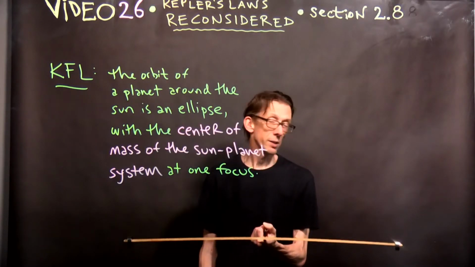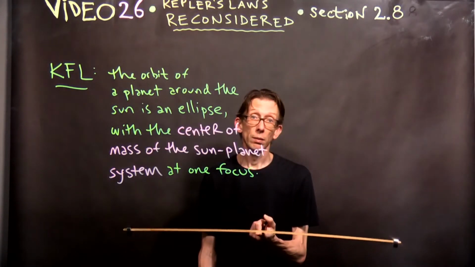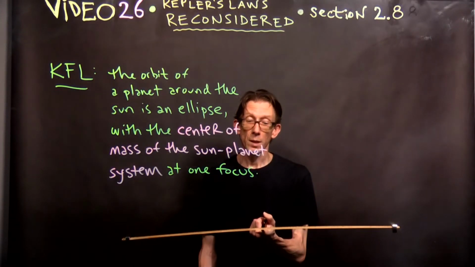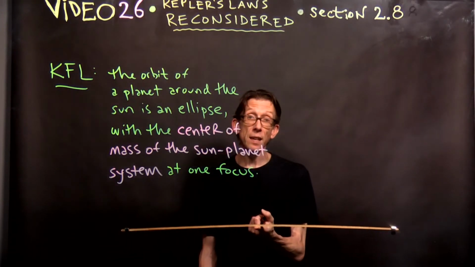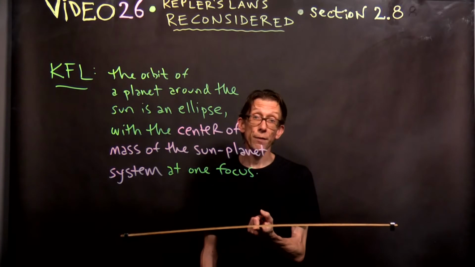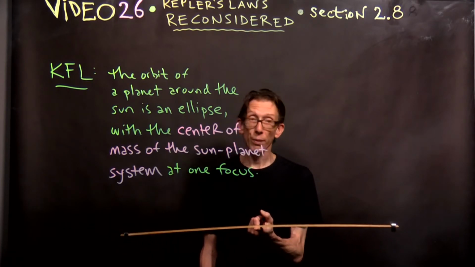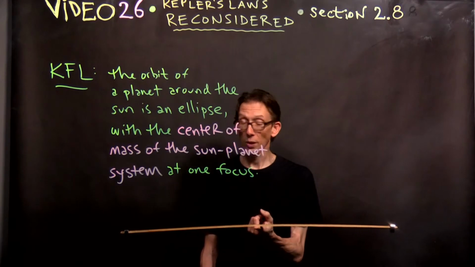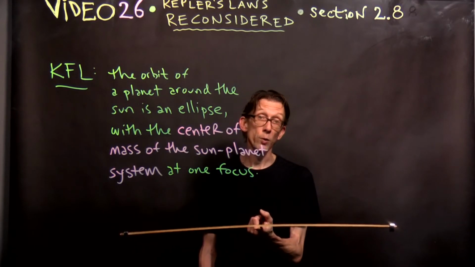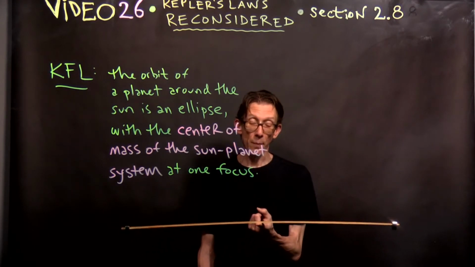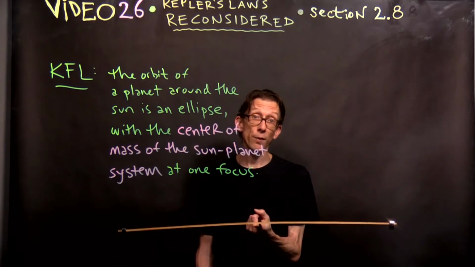Is that showing up good? Yes, in the middle. My finger is at the center of mass of the two-mass system. Think of these like two planets, or two stars, two celestial objects. My finger is at the center of mass of those two objects.